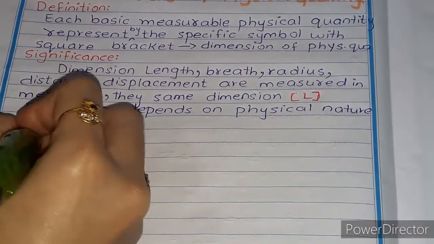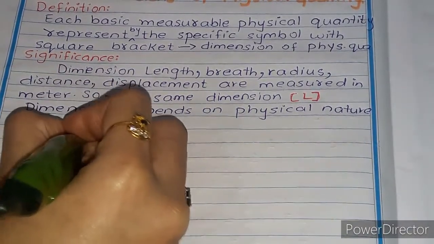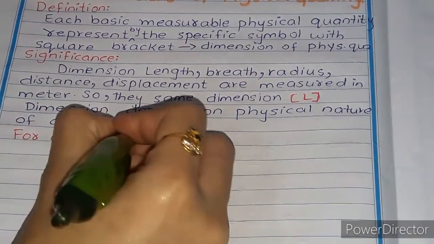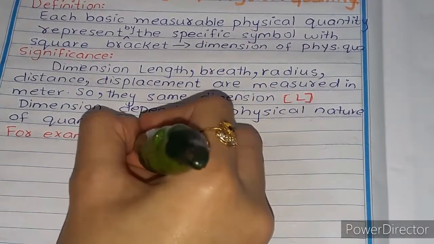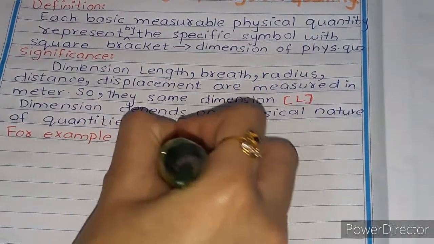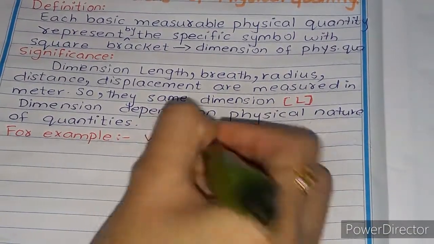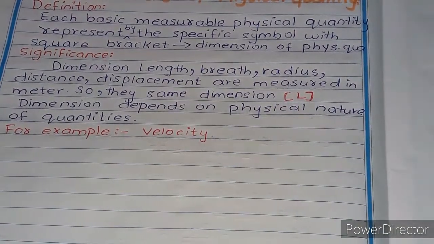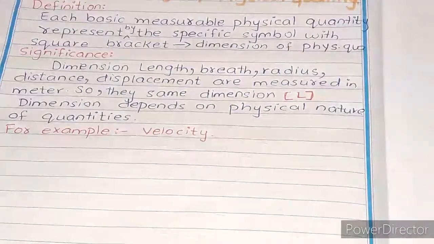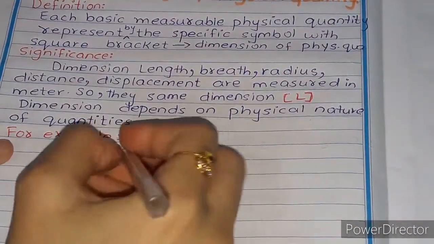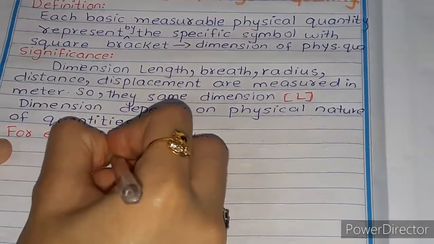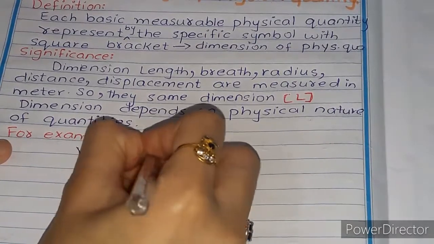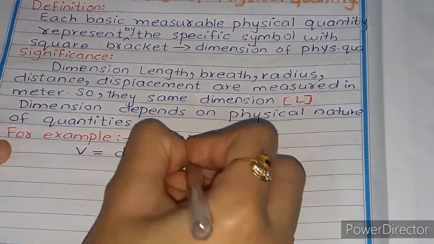For example, dimension of velocity is equal to distance over time.